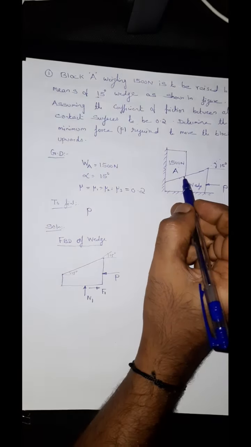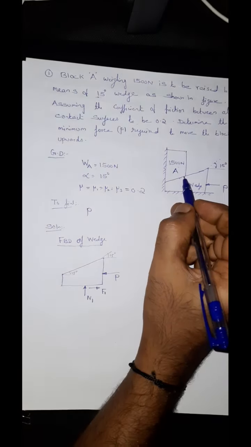And what about the friction? When you apply a force on the wedge, the body tends to move in the upward direction. So the frictional force will be opposite to it, vertically downwards. Correct. And what about the normal? There is contact between the block and wedge, so the reaction would be perpendicular to the surface of the body.